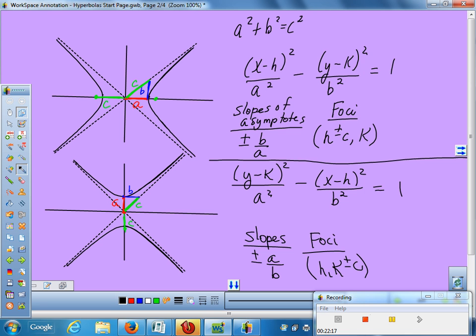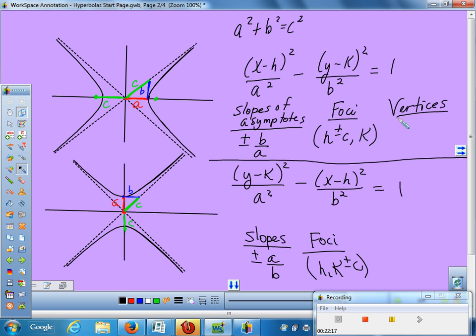However, there's one other thing they like to know on hyperbolas. They also want to know where the vertices are located. Where is the actual vertex on those bended curves? Which letter tells us where the vertex is? C is center to focus. A is center to vertex.